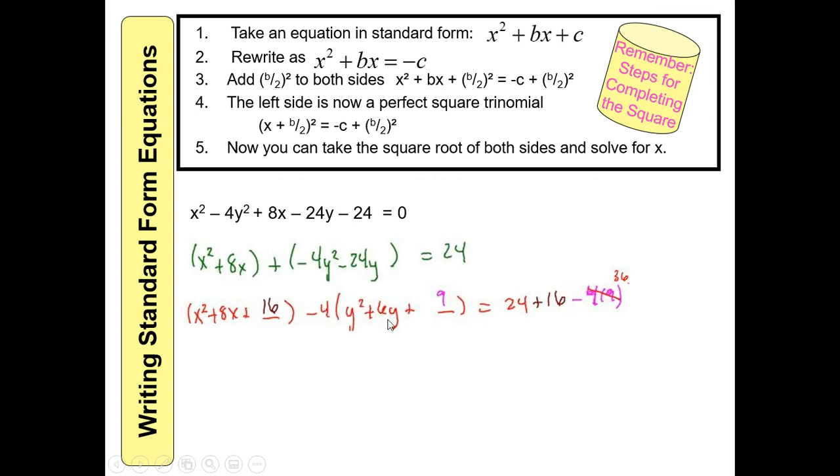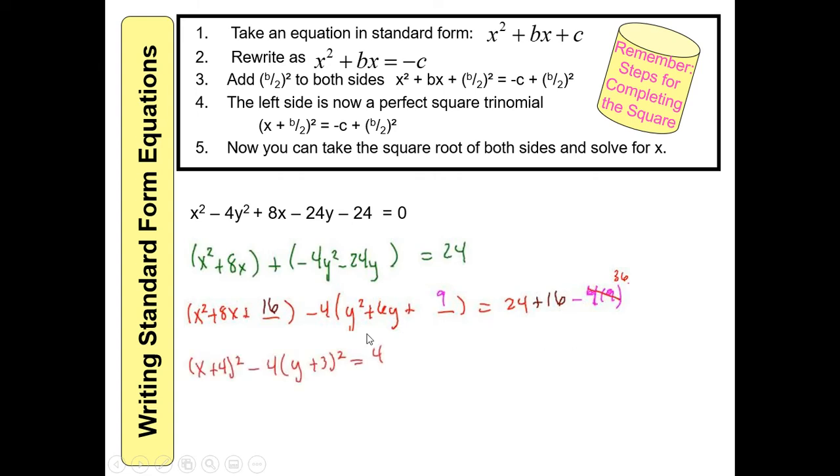So I have y squared plus 6y. Well, half of 6 is 3. 3 squared is 9. So I do have to then add 16 to this side as well. If I add 16 here, here I'm subtracting 4 times 9, which is subtracting 36.